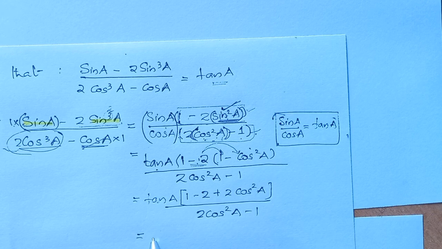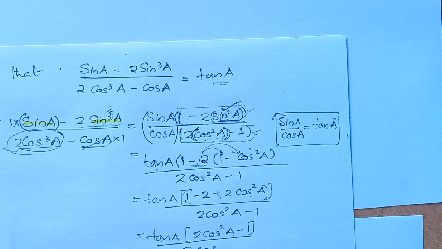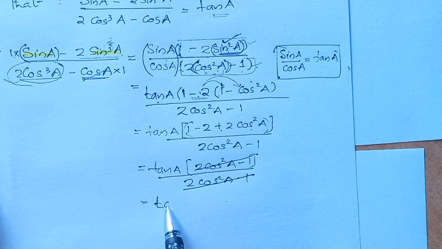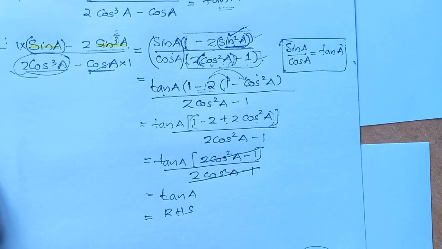That's equal to tan a into, when you simplify this portion, we have plus 2 cos square a and 1 minus 2 is minus 1, all divided by 2 cos square a minus 1. Both are the same terms and get cancelled, and the result will be tan a, which is our right hand side.